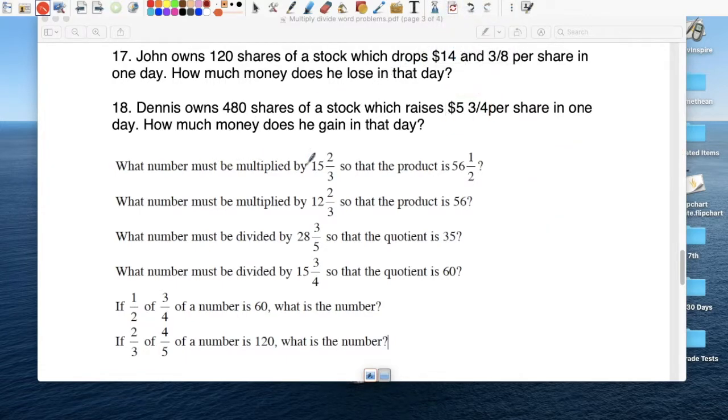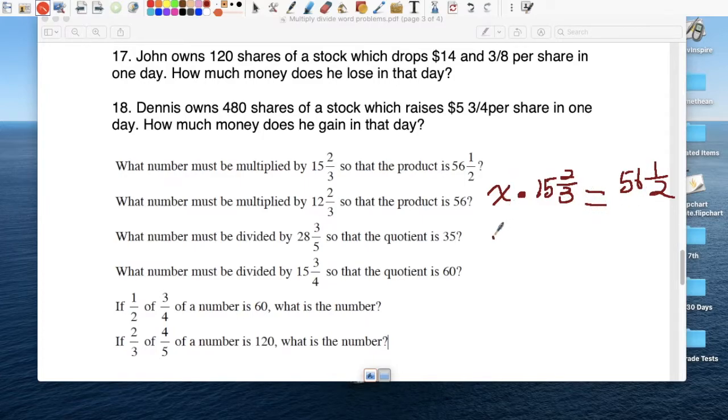What number must be multiplied by 15 and 2/3 so that the product is 56.5? So key here is setting this up as an equation. So what number, a number that I don't know, which I'm going to call x, multiplied times 15 and 2/3 is going to give us 56.5. That's my little setup. So the one thing I'm going to change here, I'm going to change these to improper fractions.